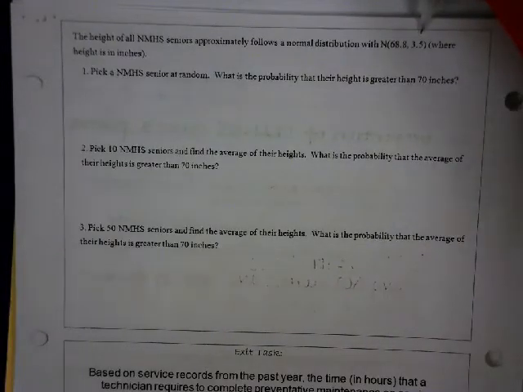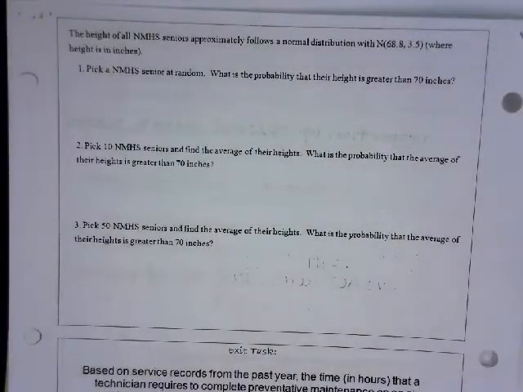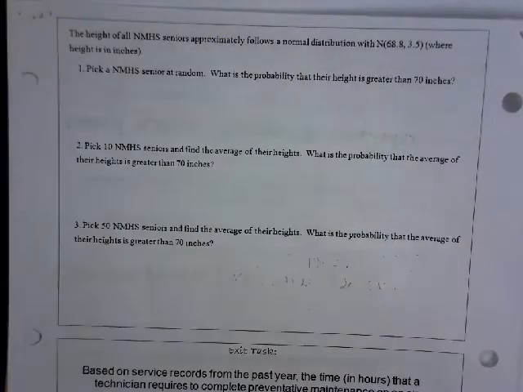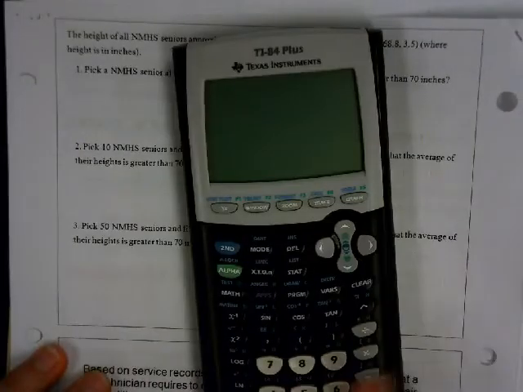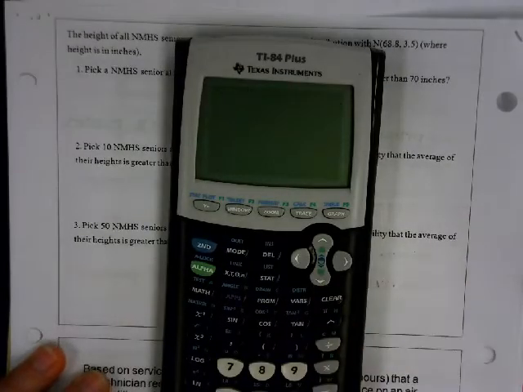Do you know what 68.8 inches is? 5'7". 5'8". 5'7". How did you get 5.7? What did you do in the calculator? 68.8 divided by 12.